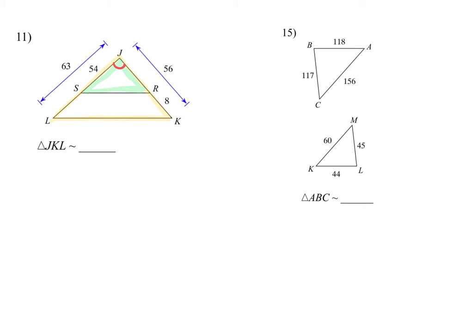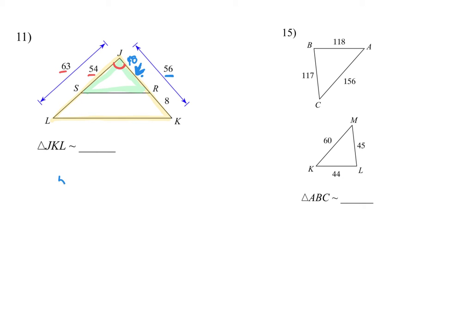All right. If this is 54, we need to compare it to this side, right? Which means we need to compare whatever this is to the 56, hopefully. All right. So how do we know what this side is right here? 56 minus 8, which gives us what? 48.